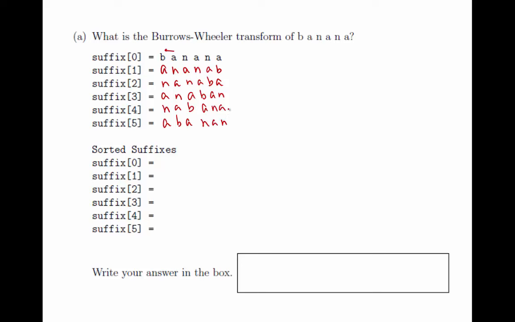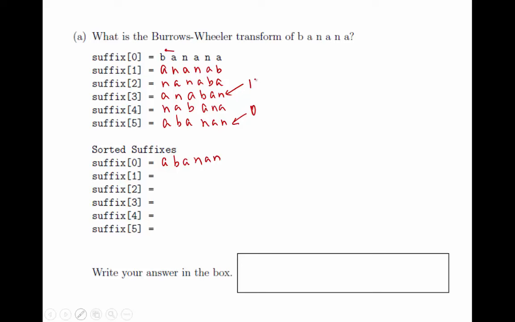So I think the next part of this is to sort these suffixes. As we sort the suffixes, you will see that this probably is the first suffix. If you apply something like MSD, you're going to get the first sorted suffix, that's ABANAN. The second suffix would be this one here. So this is first, that's second, or we can call it sorted suffix 0 and sorted suffix 1.